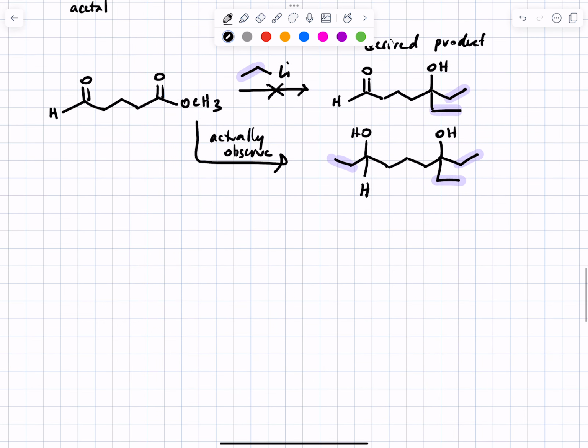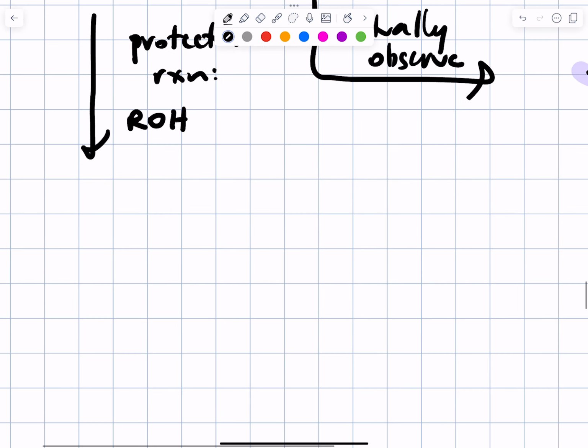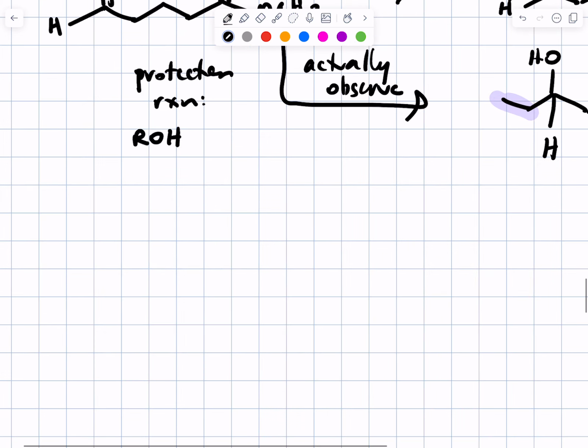So here's your strategy. The protection reaction might be to use an alcohol, which I'm just going to abbreviate as ROH, and then some acid catalyst, okay? And for fun, let's use an acid catalyst that you learned about in 351 that many of you have forgotten, and so when I write it down, you're going to be like, oh, I vaguely remember having heard about that, but I have no idea what it is.